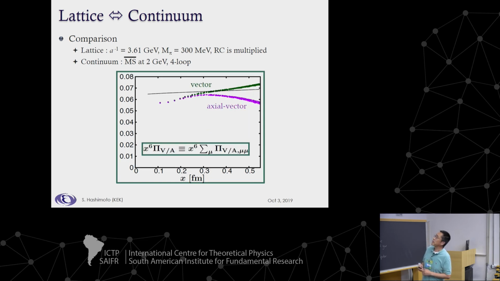And the same thing, a similar plot for the vector and the axial vector, and here the consistency is not that great, as we can see in some more details later.